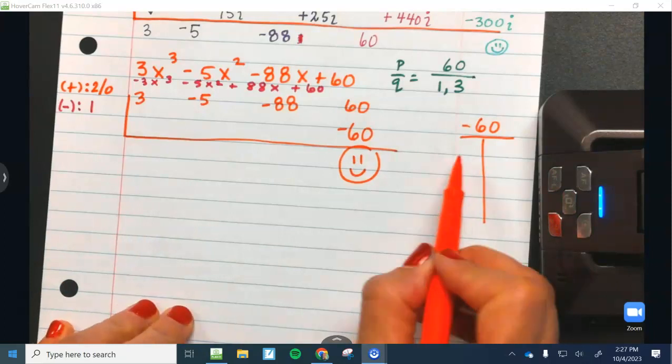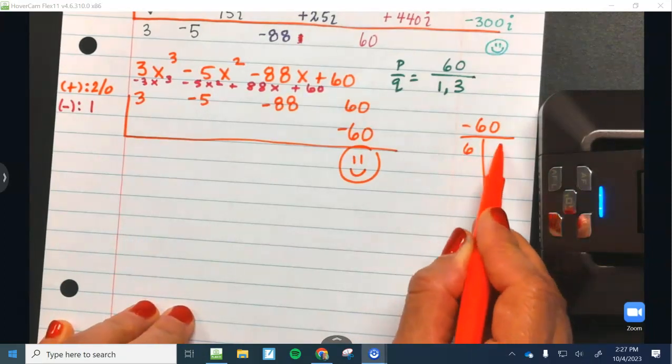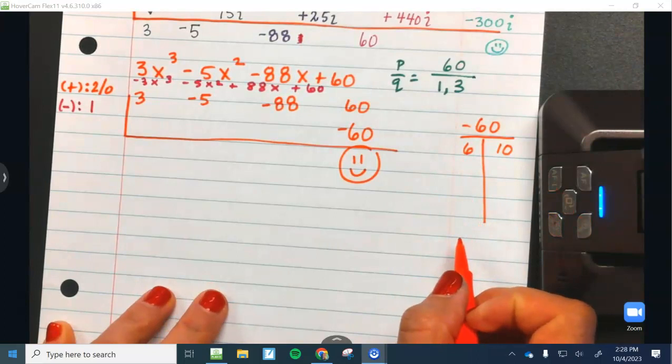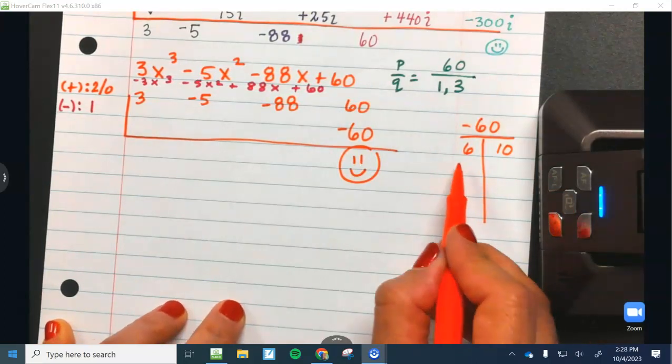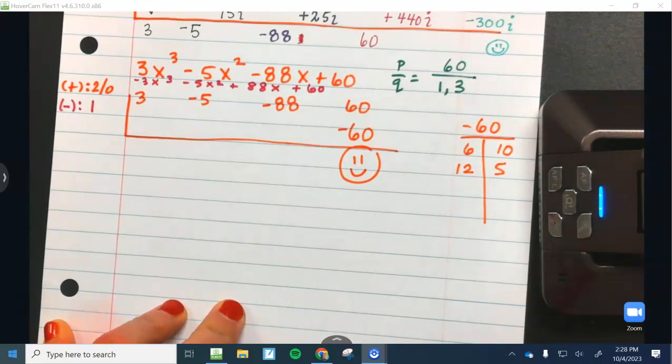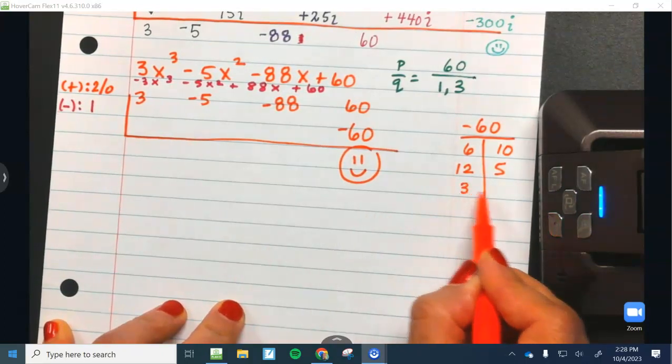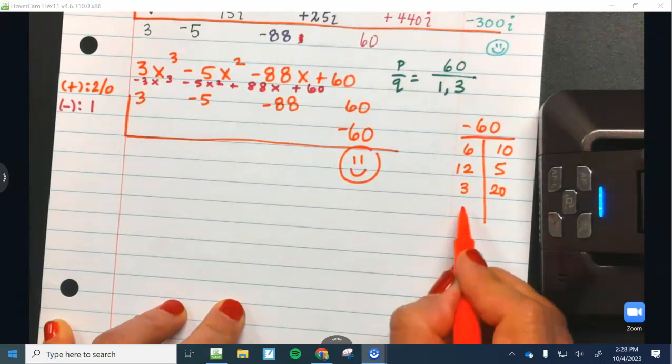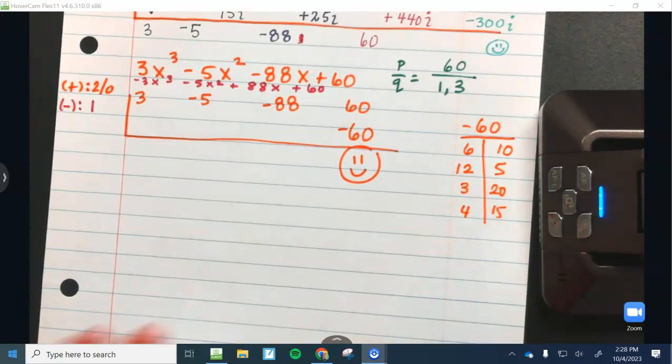What multiplies to make 60? Yeah, 6 and 10. Keep going. Give me a couple more. 12 and 5. 3 and 20. All right, cool. That's a good starting point.